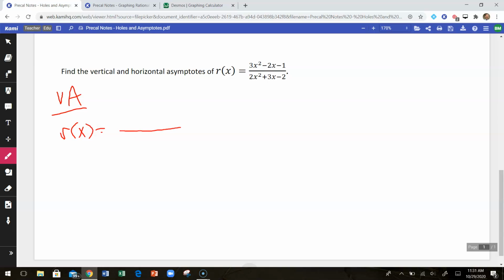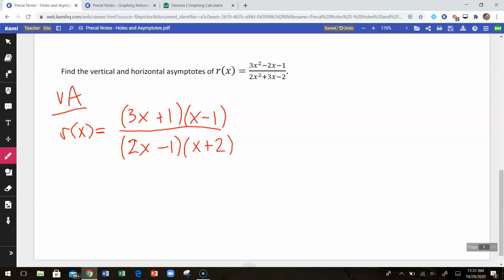So the top will factor into 3x plus 1 times x minus 1, and the bottom will factor into 2x minus 1 and x plus 2. So we need to be good at factoring to find vertical asymptotes.